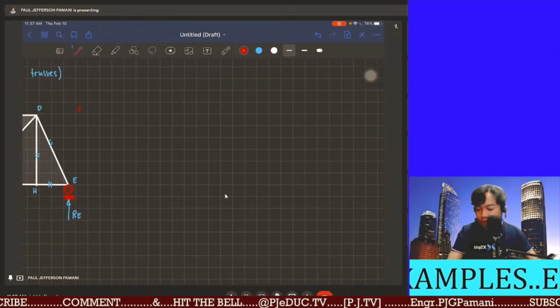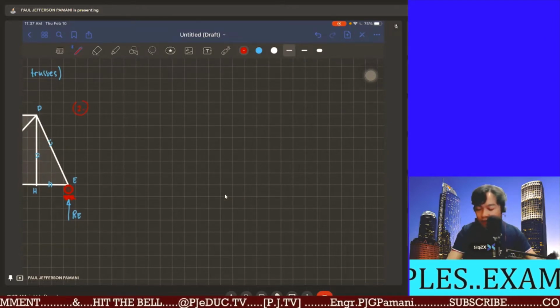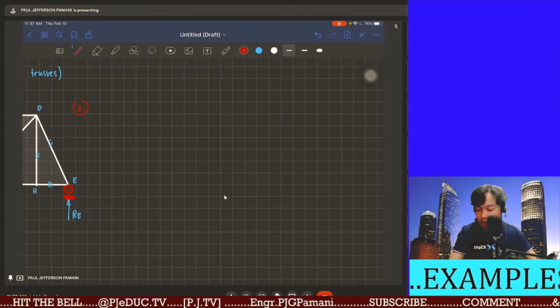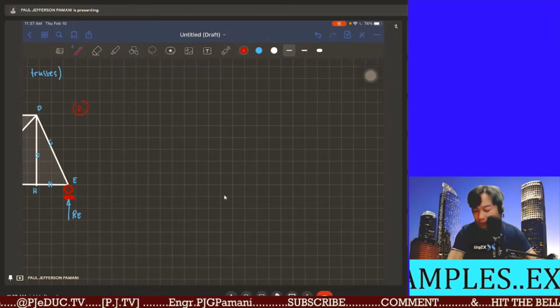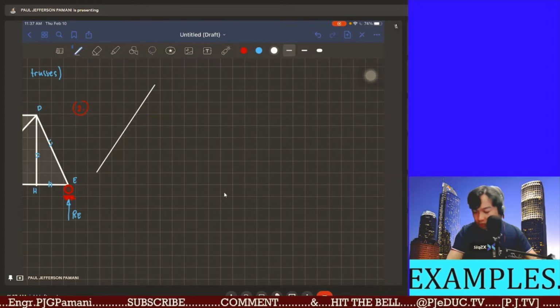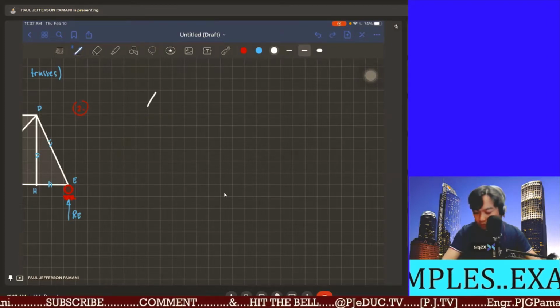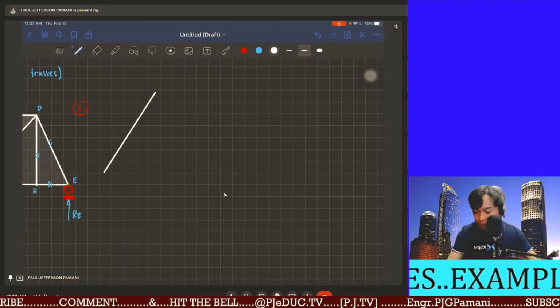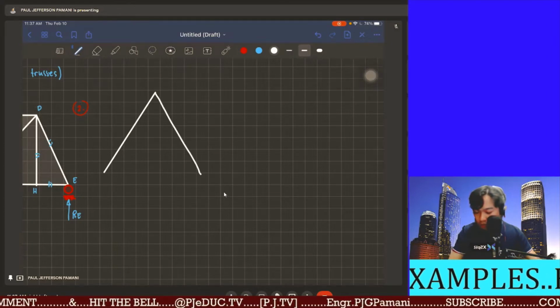So number 2, how about if you're now given this particular truss? Random lang ako nagdo-drawing ha.